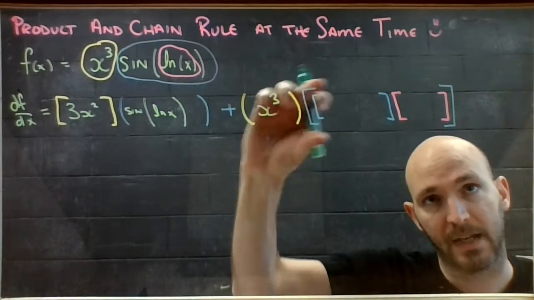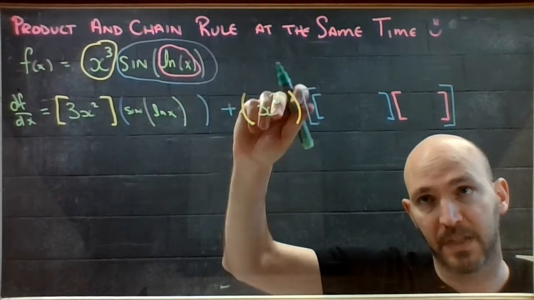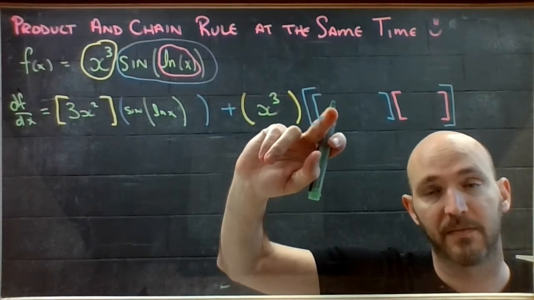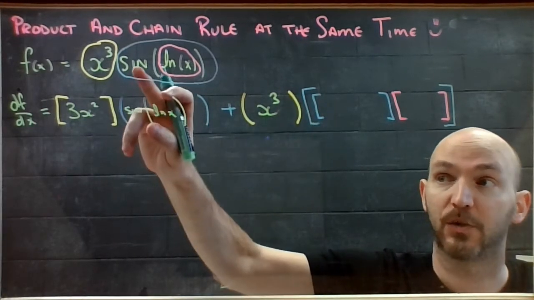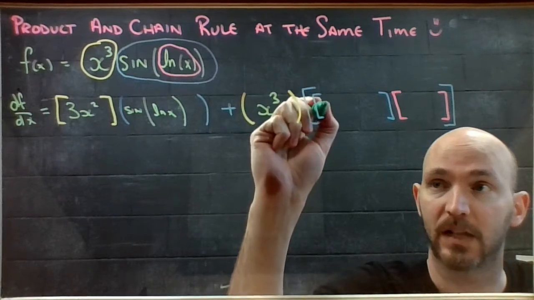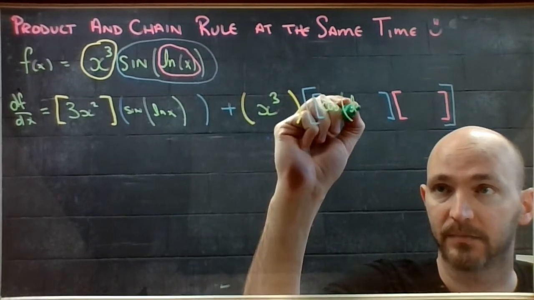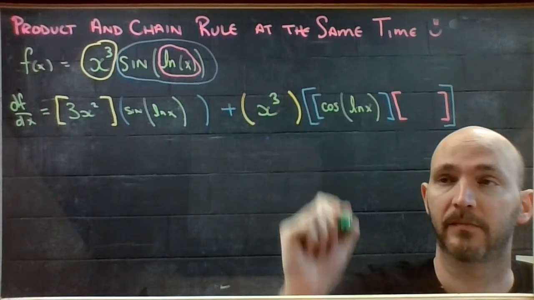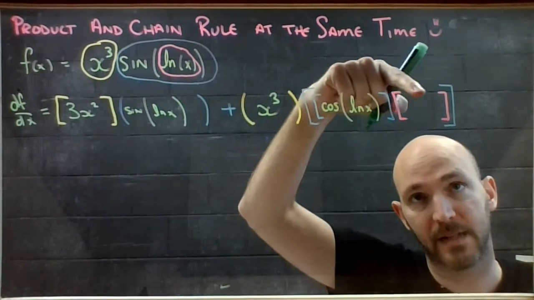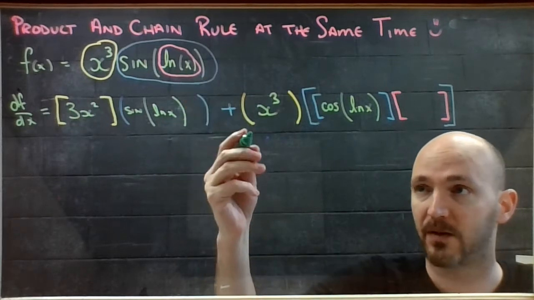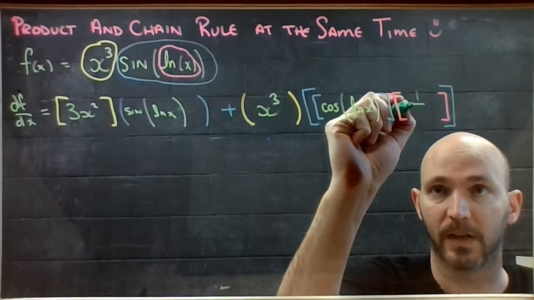These square brackets are the derivative of the second piece, and it has two components to it. This would be the derivative of the outer layer. So the derivative of a sine is a cosine with whatever argument is inside. And the second piece is the derivative of the inner function. Derivative of a ln would be 1 over x.